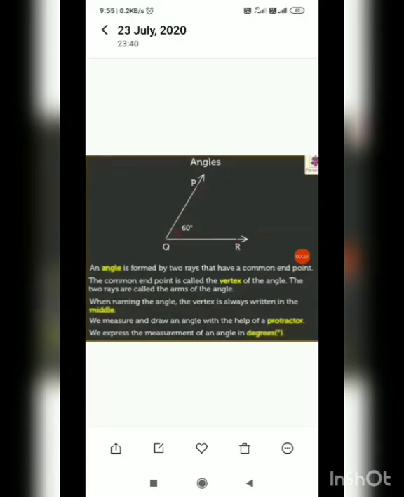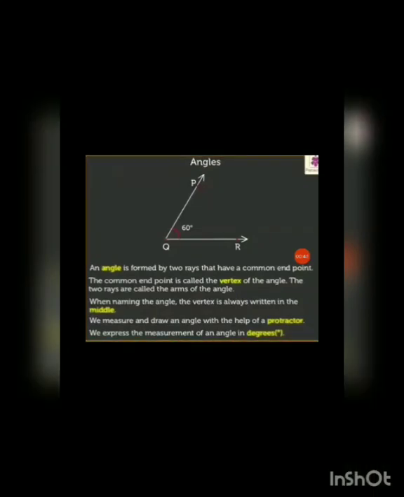I think you must have heard about some types of angles in your earlier classes also, so it is quite easy for you this time. So here you can see an angle is formed by two rays that have a common end point. In this picture you can see PQR. This is an angle. In this angle you can see there are two rays.